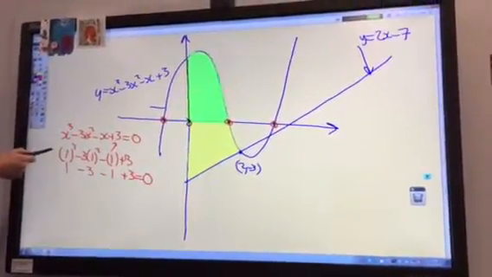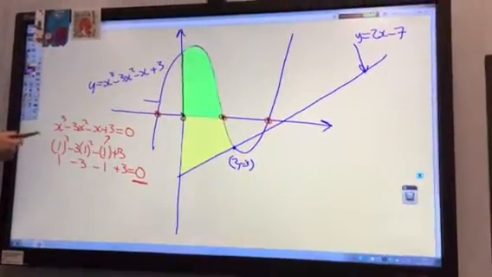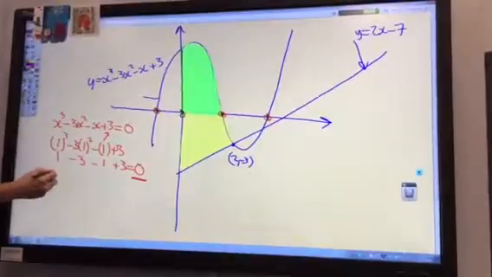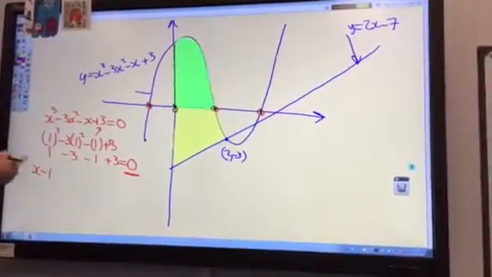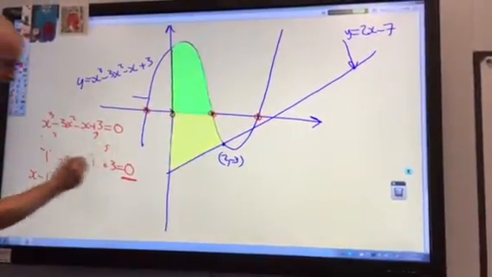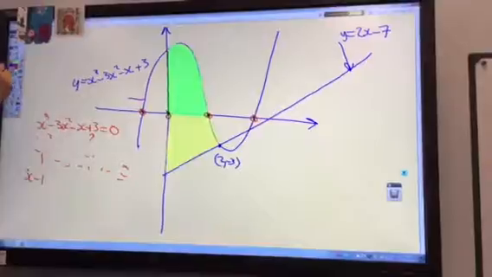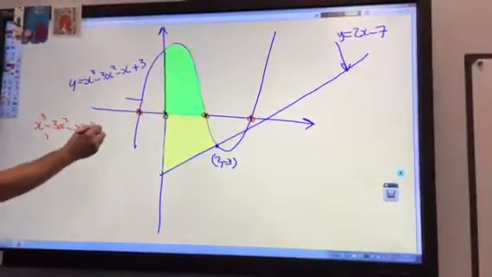When I substituted in 1, I got 0, which means 1 works, so therefore a factor must be x minus 1. Now I know x minus 1 is a factor, I can find the other two factors using polynomial division. And I'm going to divide this by x minus 1.